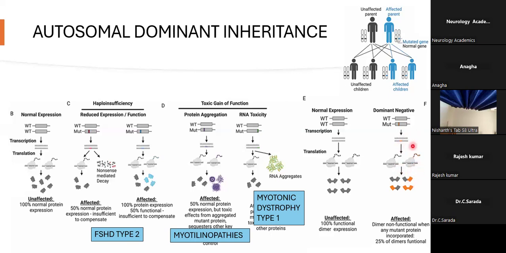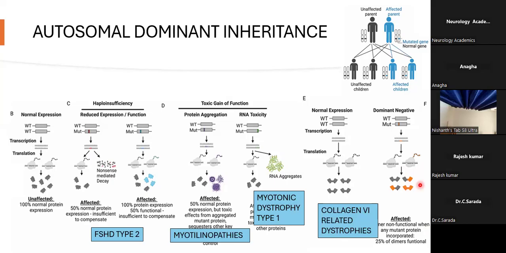So when this dysfunctional protein polymerizes with the normal protein, this normal protein will also not be fully functional. So here, when the dimeric non-functional protein incorporates with the normal protein, only 25% of the dimers will be functional. So one example of this is the collagen 6 related dystrophies, in which this mutant protein polymerizes with the normal protein, resulting in abnormal protein function.